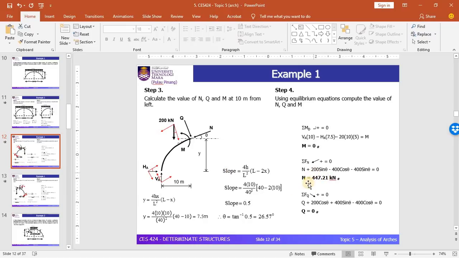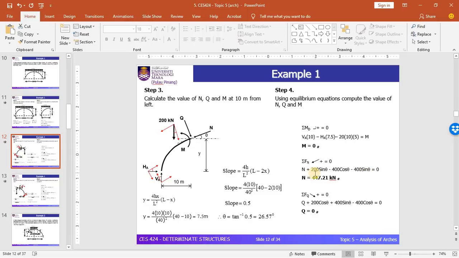For the axial force here, you need to consider all the components in the direction of N. Let's say this is the positive direction of N, so any forces opposite to this direction will be negative.